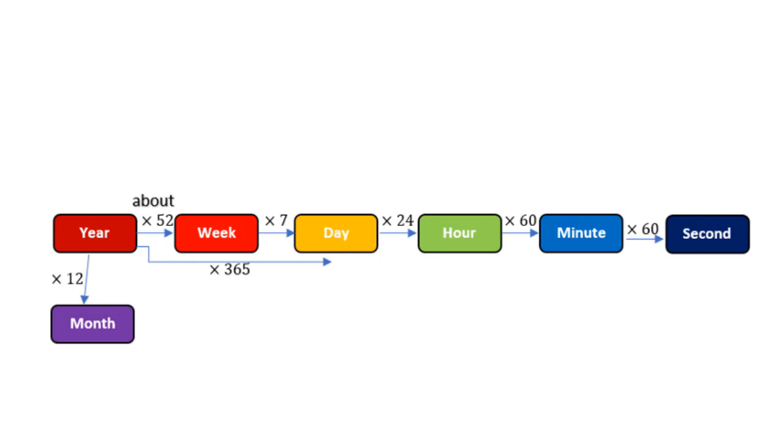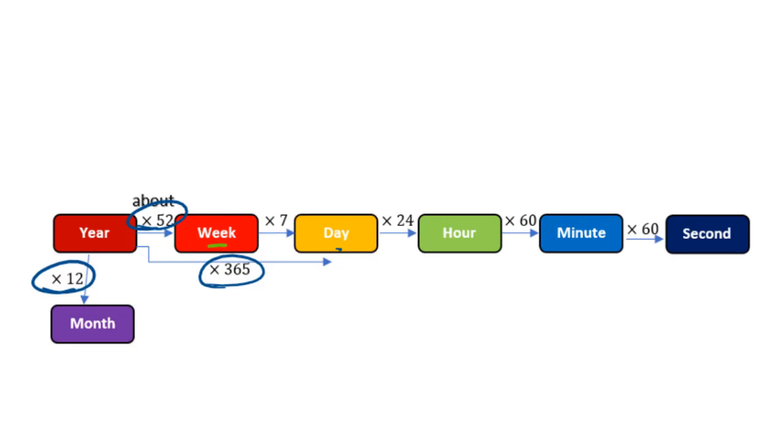From year to month it's 12. The year has 12 months, about 52 weeks, and 365 days.